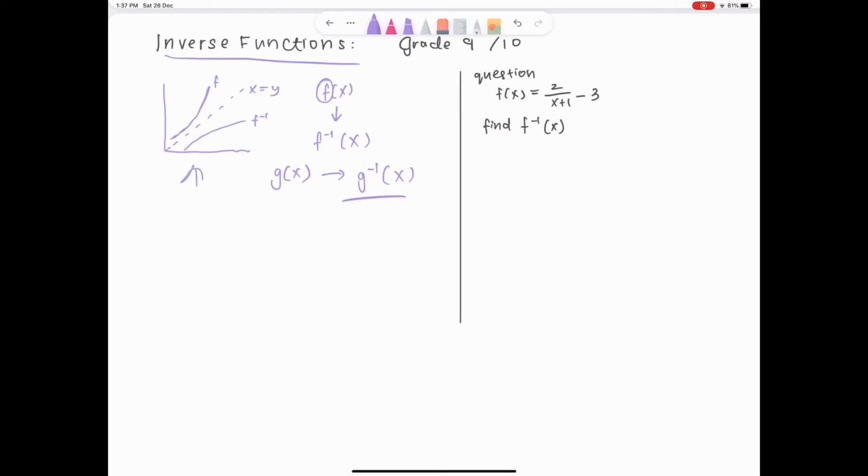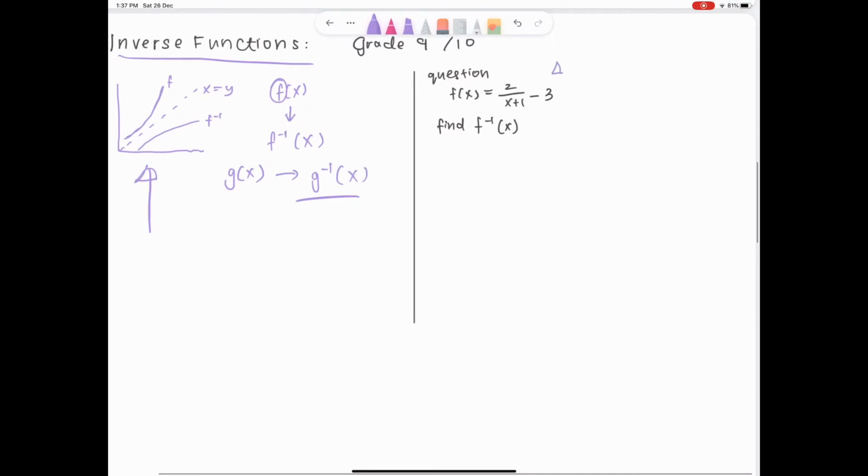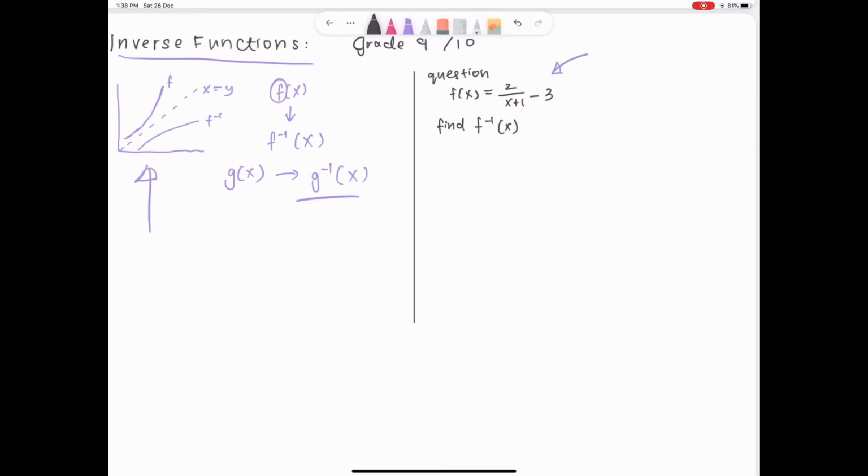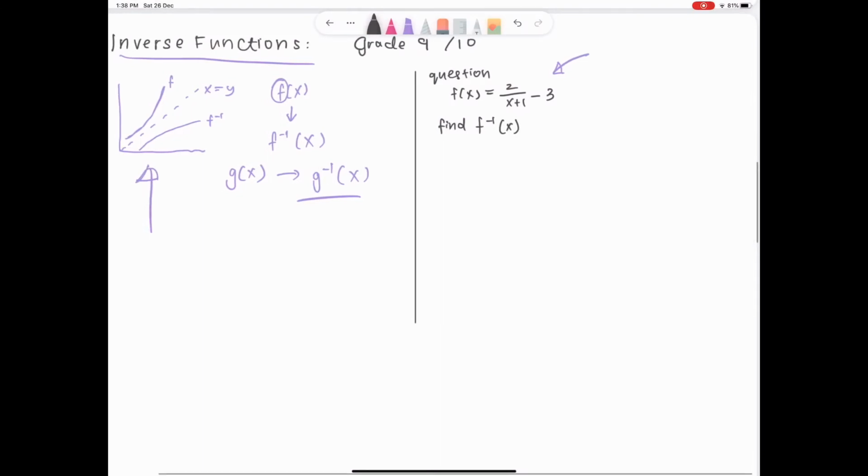Not graphically, because that is how you do it graphically, but how do you do it algebraically? Let's look at the question on the side over here. If f of x is 2 over x plus 1, minus 3, you first want to copy that down.